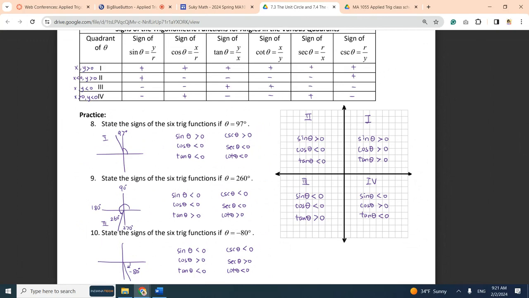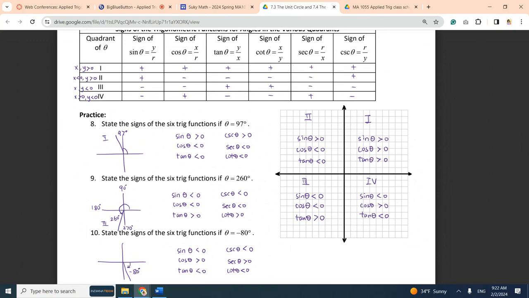Do you have the same answer for number 9? Okay, number 10. Negative 80 degrees. What does negative mean? You go clockwise instead of counterclockwise. Go clockwise for 80 degrees. So this is in quadrant 4.